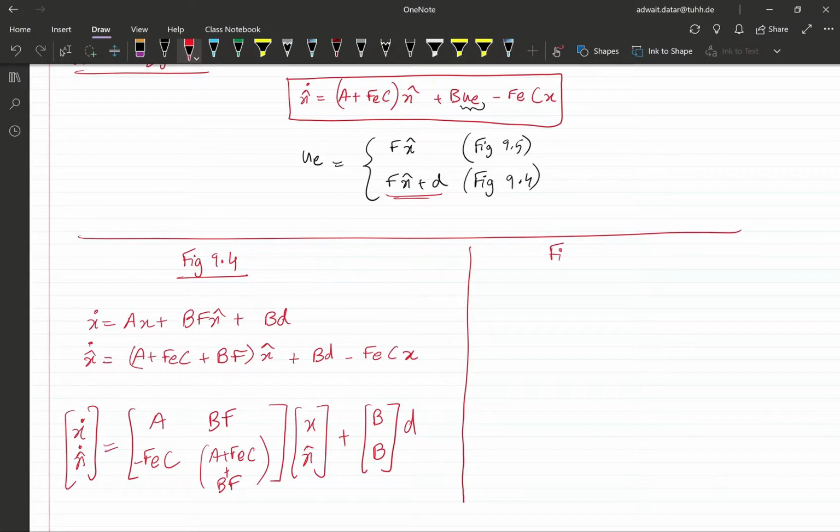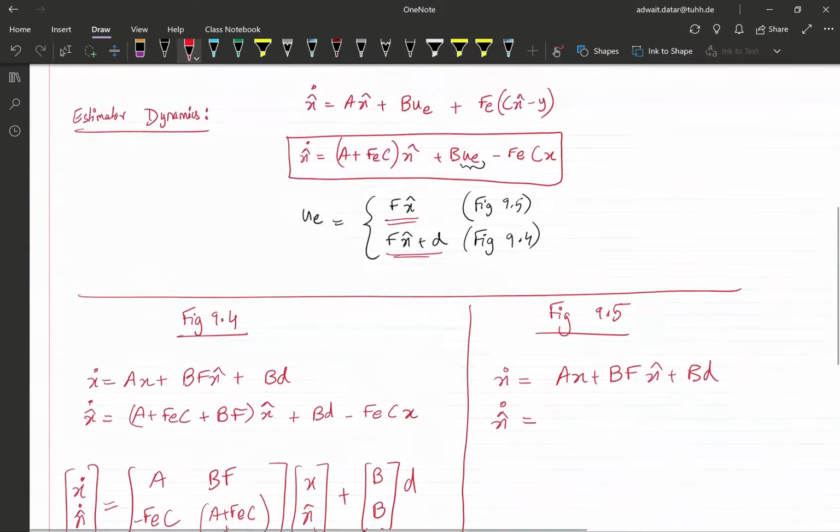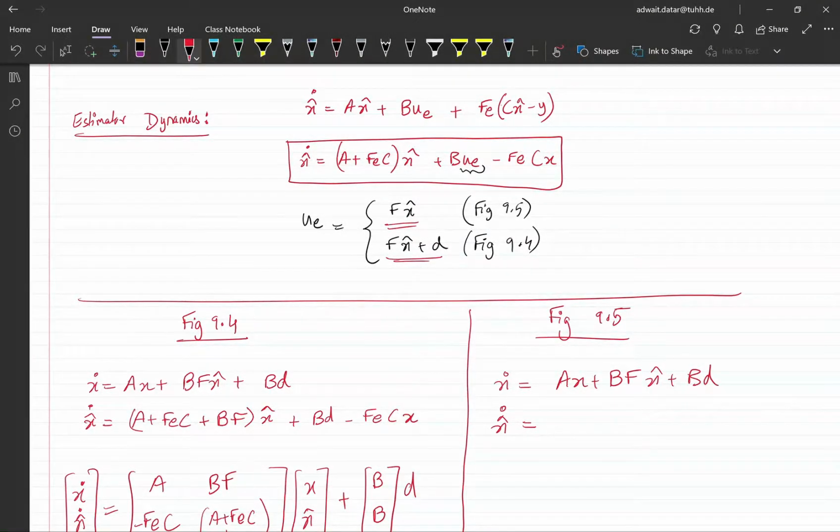Now for figure 9.5, we have the same plant dynamics, but the estimator dynamics are now using this input seen by the estimator. We have A plus BF plus FeC x hat minus FeCx.